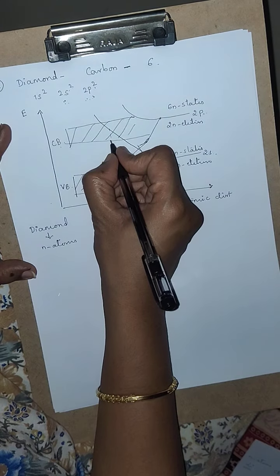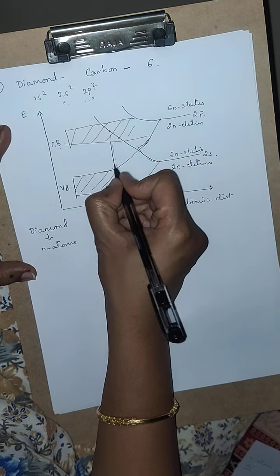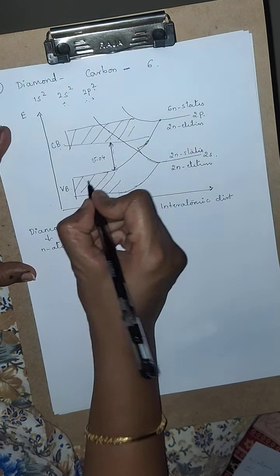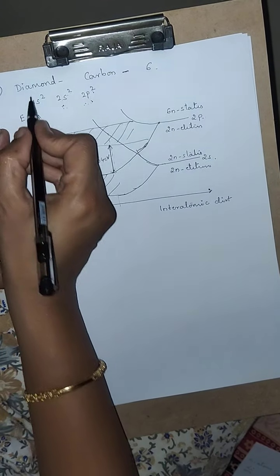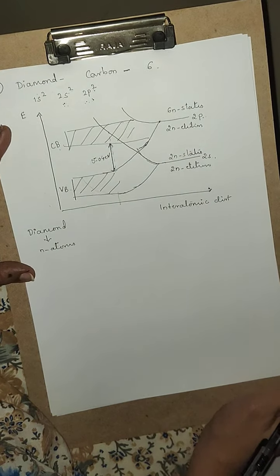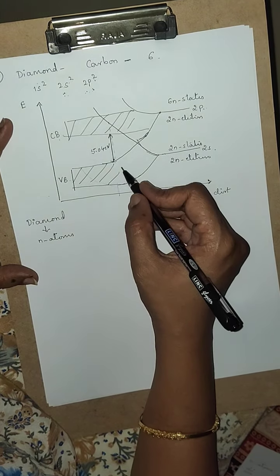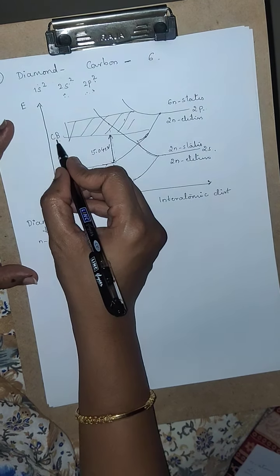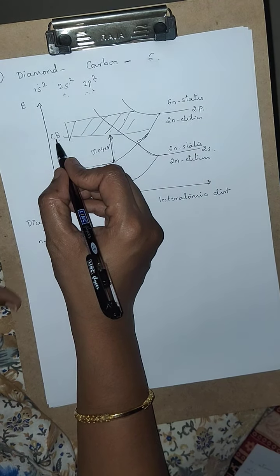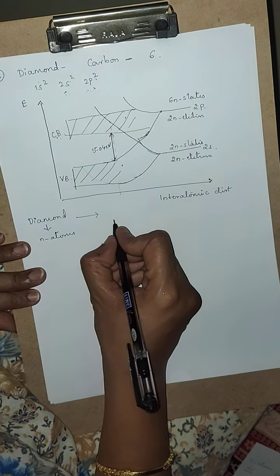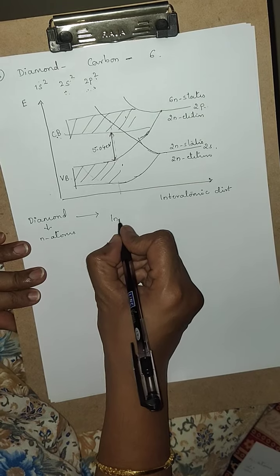The separation between the conduction band and the valence band is near 5.04 electron volts in the case of solid, which is more than 3 electron volts. It's very difficult to shift the electrons from the 2s level to the 2p level to make them conduction electrons. Hence, by this discussion, diamond is an insulating material.